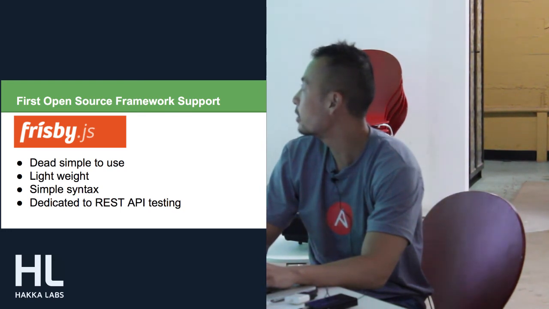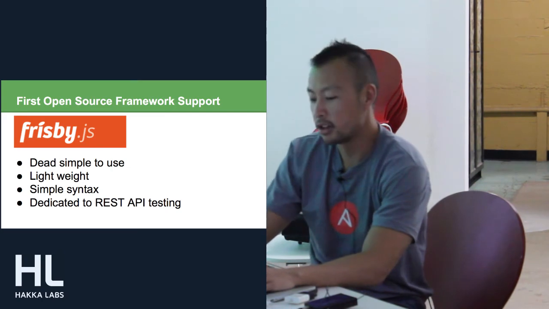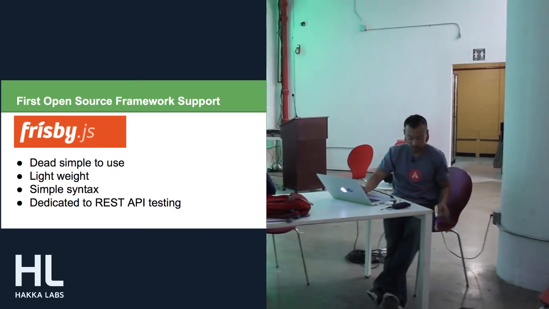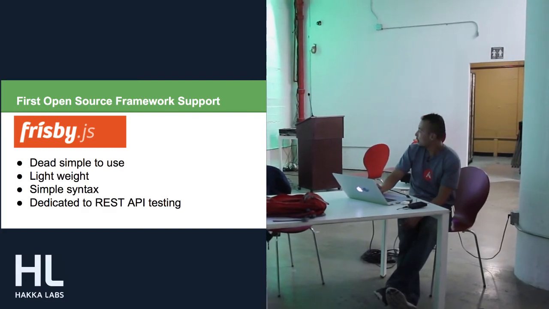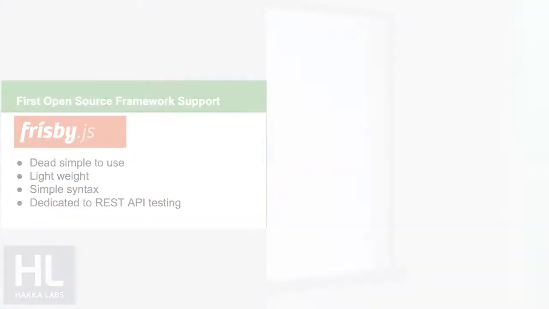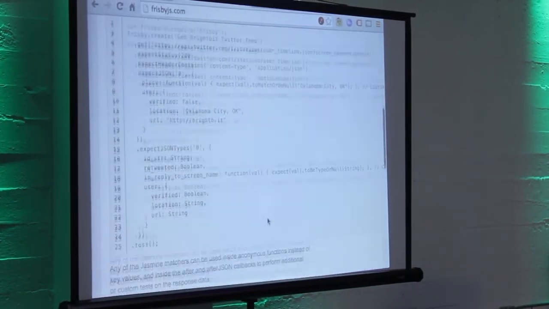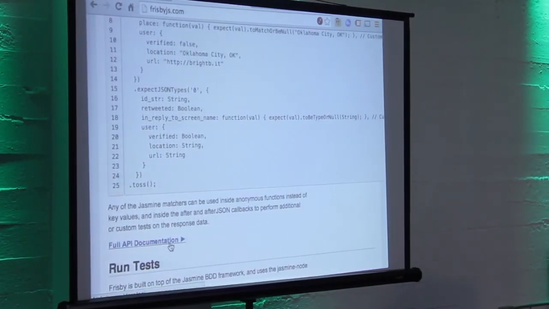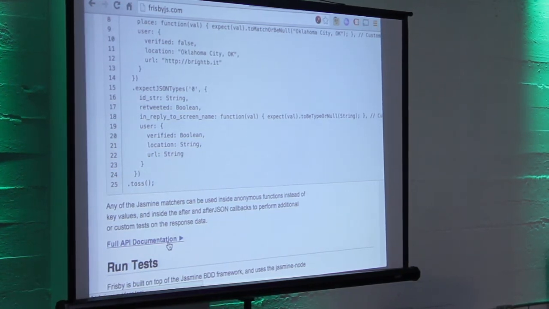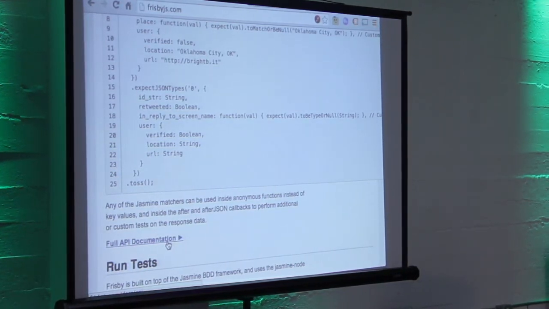So we've been using Frisbee.js. We've been writing a lot of Node stuff, and in general we've been using a lot of Frisbee.js. Can you get nested in the types? You can.